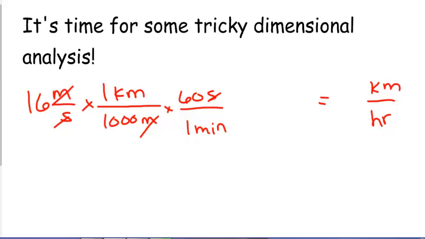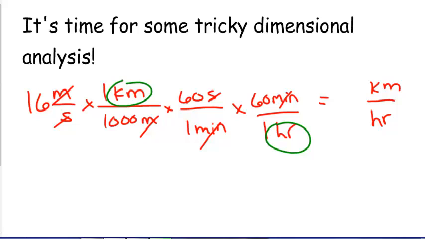So if I put 60 seconds on top, I can go back and cancel out seconds, and I'm going to put 1 minute on the bottom, but I don't want minutes, I want hours, so I've got to add another conversion factor, 60 minutes for every 1 hour. Now I've canceled out everything except for kilometers on top and hours on bottom. So I've got what I want, kilometers per hour. That's 57.6. Now I'm ready to finish this problem.